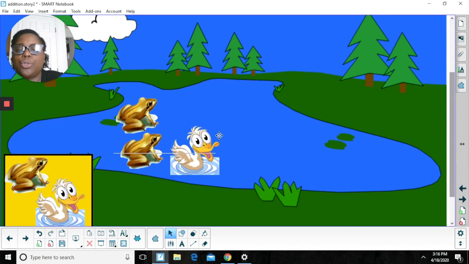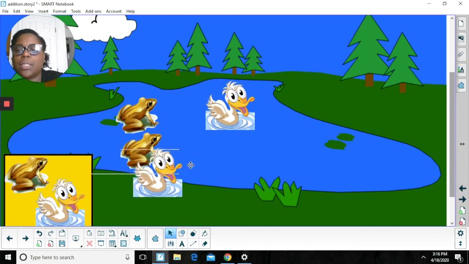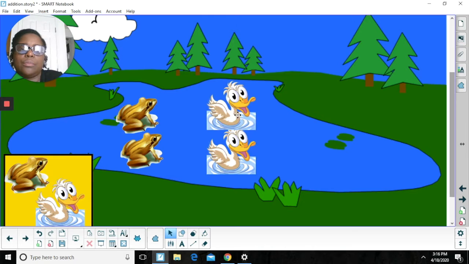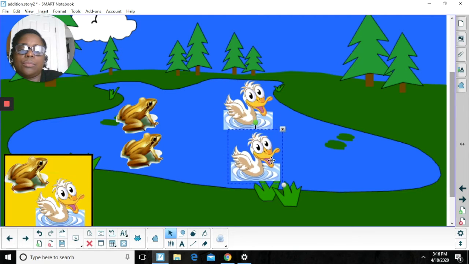We're going to put 2 ducks in the pond, okay? So now we have 2 frogs over here and 2 ducks over here. Now we need to determine how many animals do we have all together.